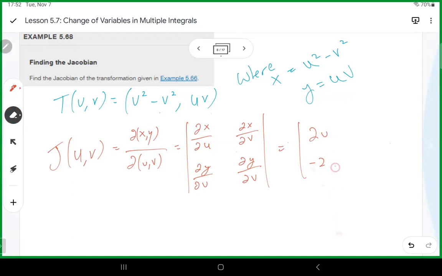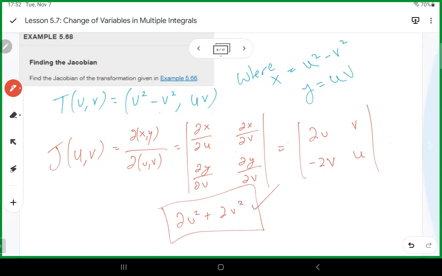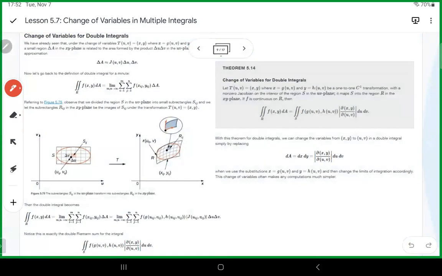That gives us an answer of 2u squared plus 2v squared. Alrighty. So hopefully the Jacobians you will feel comfortable with on the homework and the exam.